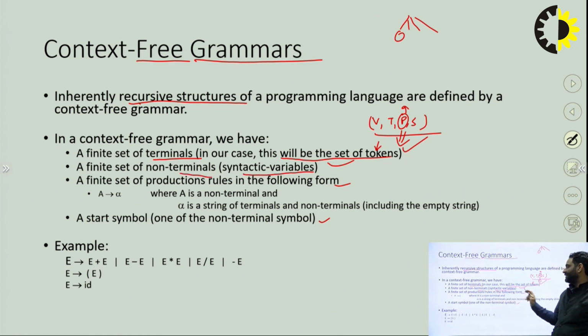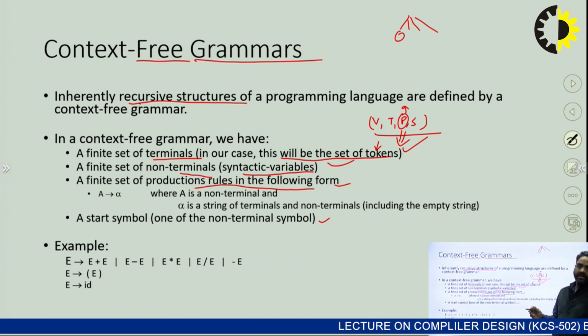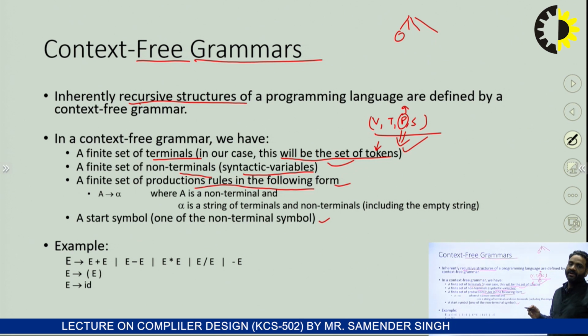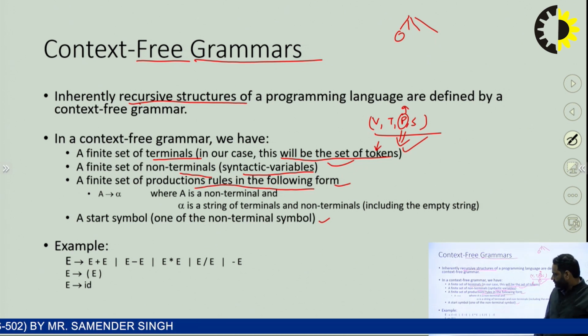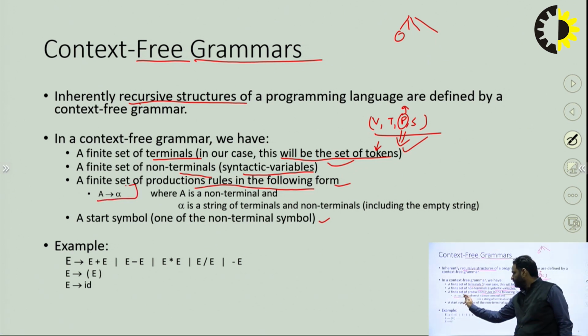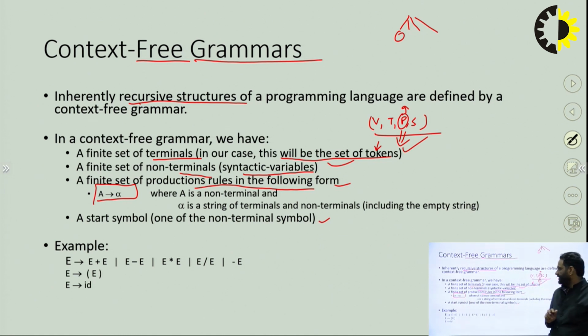These are the syntactic variables through which we apply reduction, or we can say we can derive a number of strings. Then we have production rules. Through these rules, we are able to validate a given string, or anything which we are using in compilation.